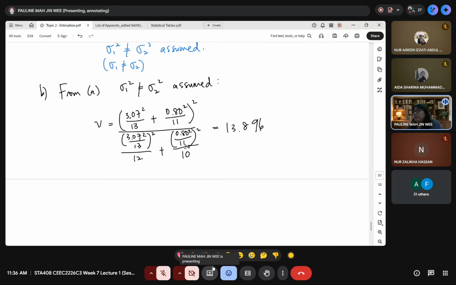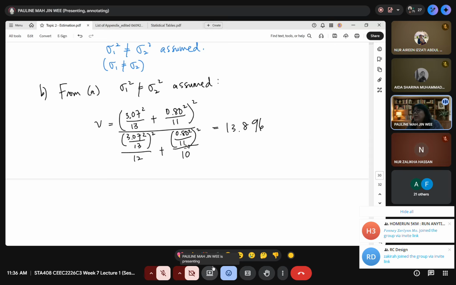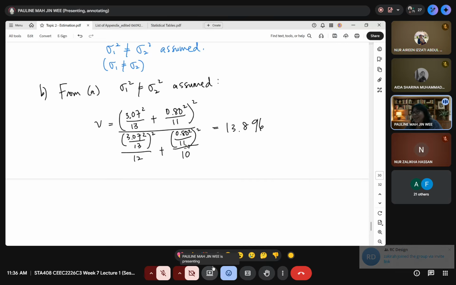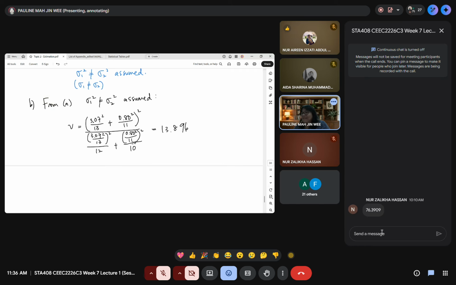Too many squares, yeah? Just be careful. If you get a different answer, let me know, yeah? I'm not very good at calculator skill, actually. At least there's a thumbs up. I hope both of us are not on the same boat. Let me just double check.